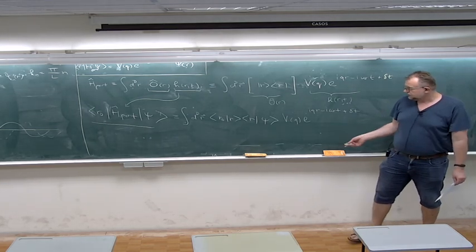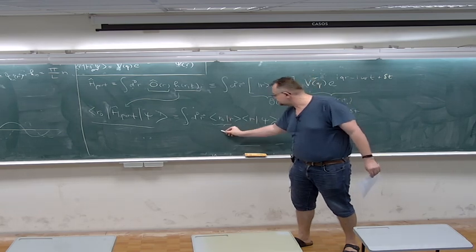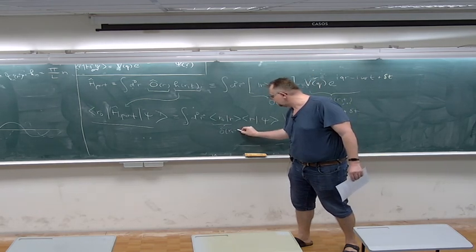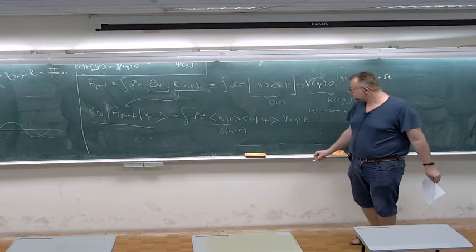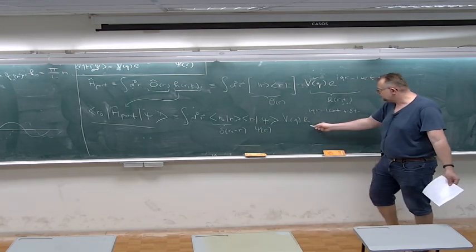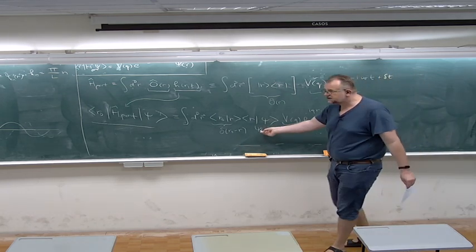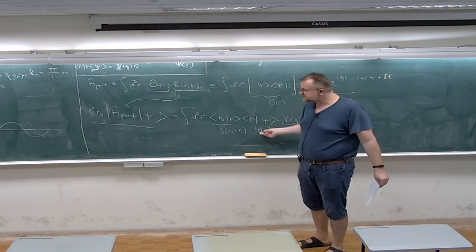Great. So this is easy, because we are working in the position representation. This is nothing else than a delta function, this is nothing else than the function psi, and this is some other function of r. The integral is pretty easy because of the delta function.